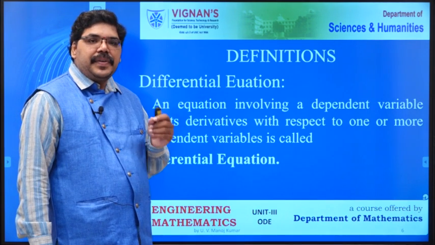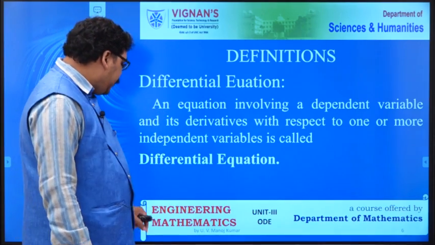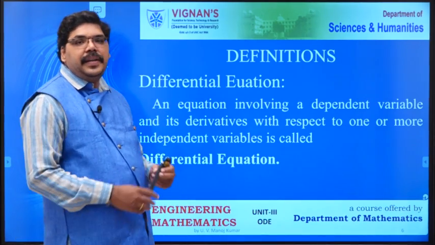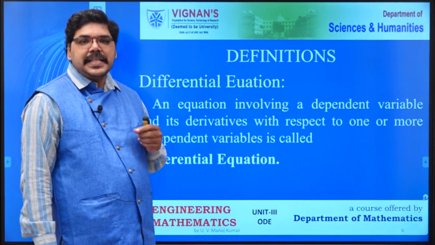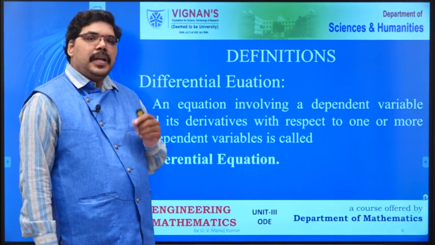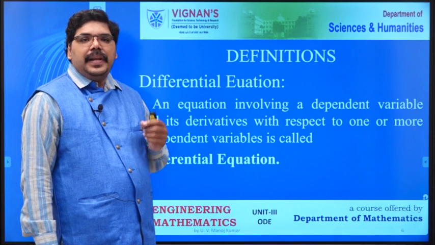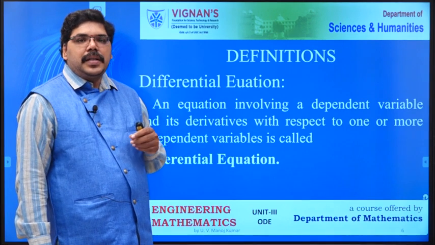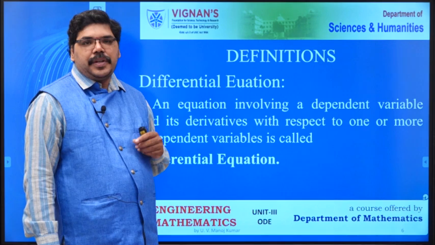How many times am I differentiating here? Only one time, so dy by dx will be a first order derivative. Similarly, d square y by dx square will be the second order derivative of y with respect to x. Likewise, we will have derivatives of different orders of the dependent variable y with respect to x.